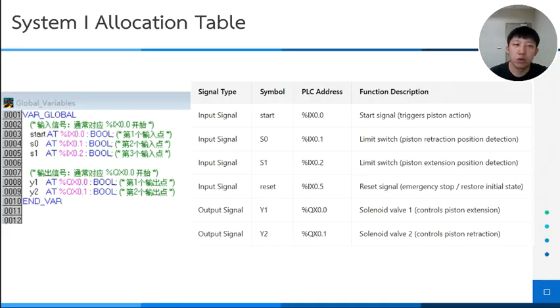S1 detects when it's fully extended, and the reset is for emergency stop or restoring the initial state. Output signals are two solenoid valves, Y1 and Y2. Y1 controls piston extension, Y2 controls piston retraction. All signal addresses are standardized to ensure consistency in programming and simulation.